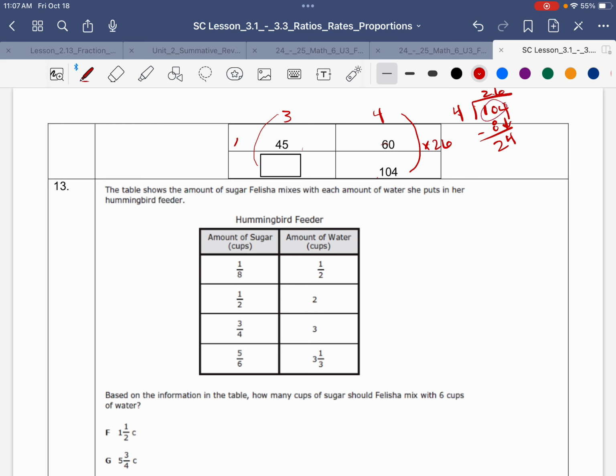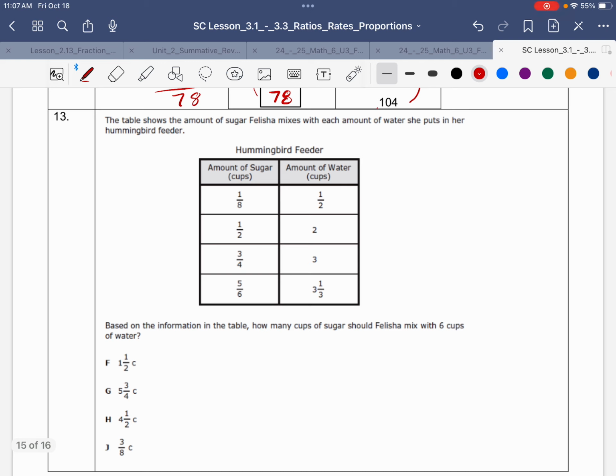So now you would do times 26 on this side. So 26 times 3, that would be 78 there. Got it?